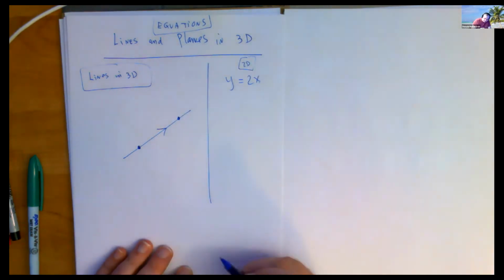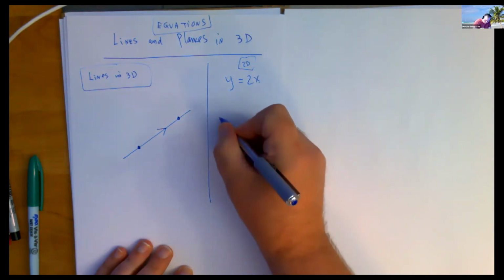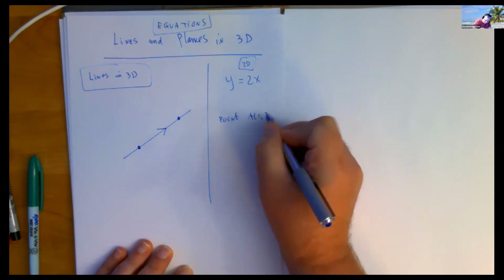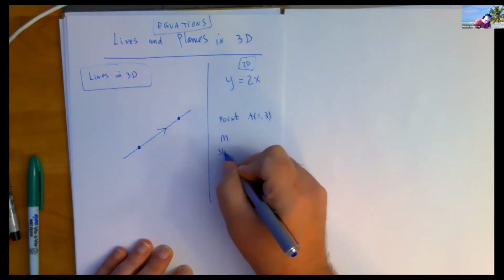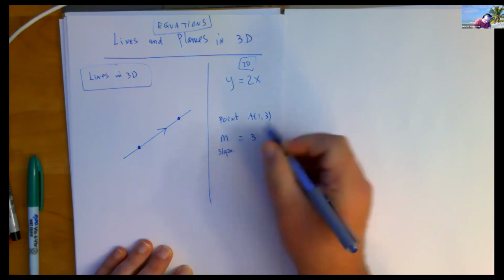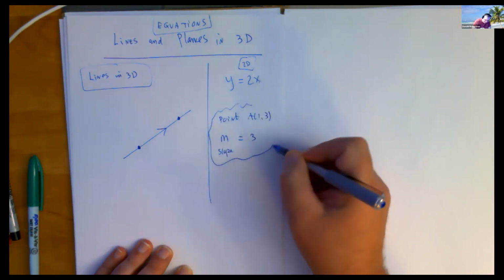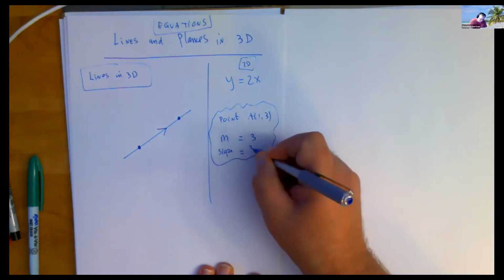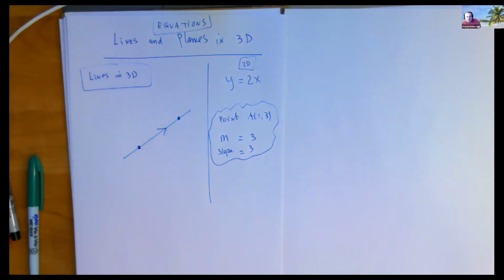Well, in the 2D world, if I tell you the coordinates of one point and the slope, isn't that enough information for you to get the equation of a line? You agree that if I tell you the slope of a line and just one point on that line, you can generate the equation of that line? Agreed? Right.